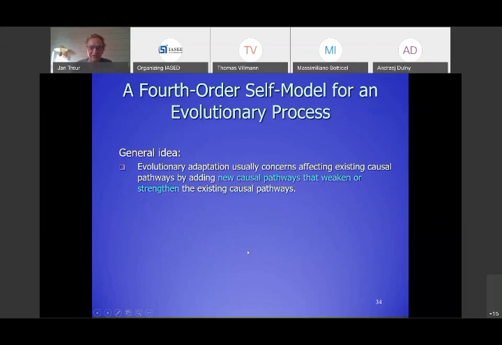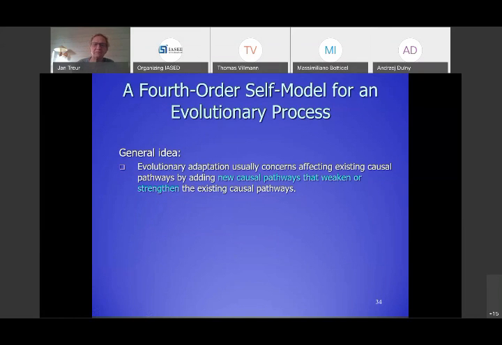So the general idea is that evolutionary adaptation usually concerns affecting existing causal pathways. So you already have things that were created in the past, and new steps in evolution add extra causal pathways that regulate in a certain way the existing causal pathway.